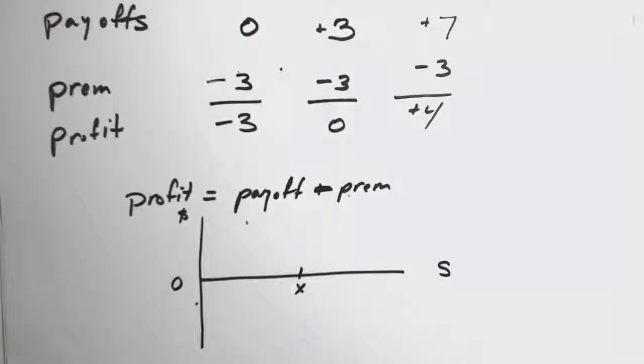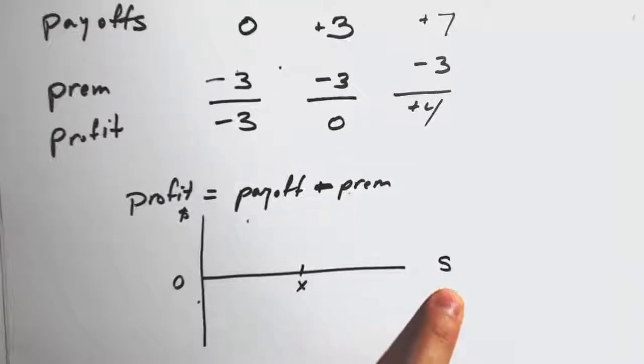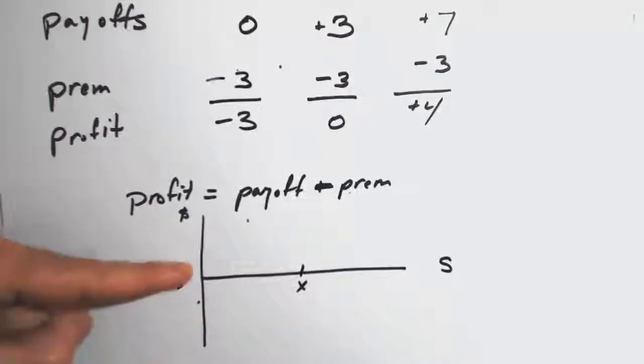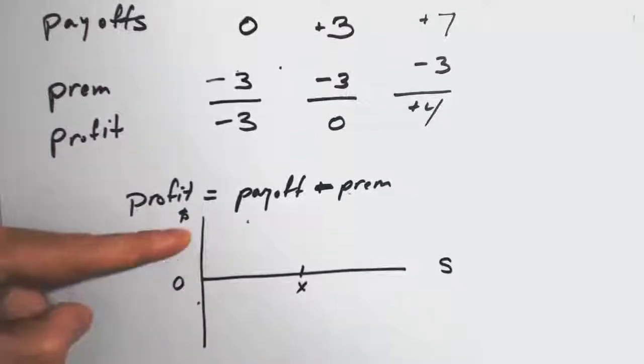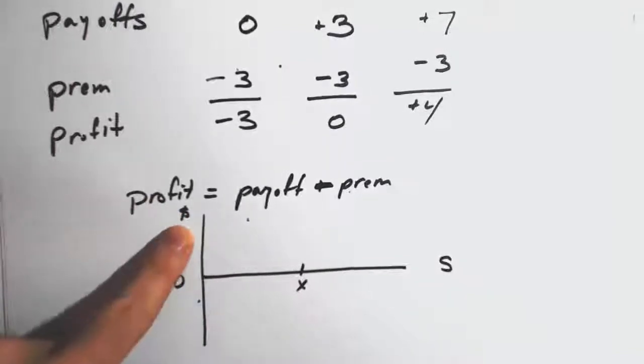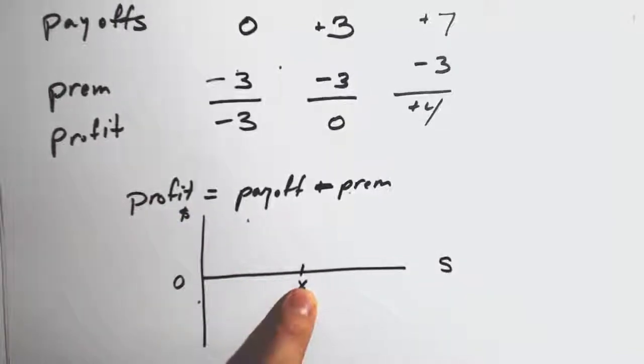You're always going to set things up like this. You have the stock price on this axis, and your profit or loss and your payoffs on this axis, in dollars. Then you'll have your strike somewhere in the middle. So set it up blindly from there. That part you get memorized.